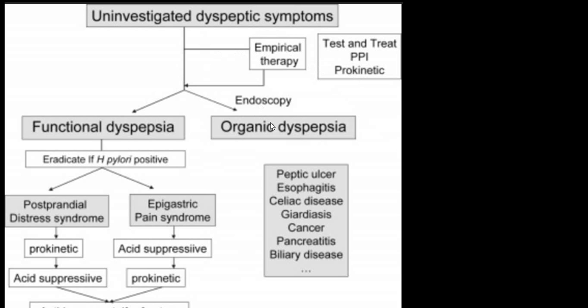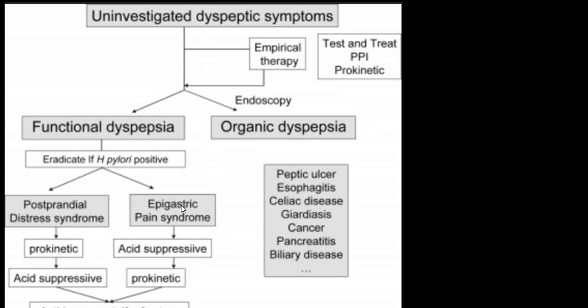If a definite cause is established, it is organic dyspepsia, and in that we rule out peptic ulcer, esophagitis, celiac disease, giardiasis, cancer, pancreatitis, biliary disease, etc. And if you establish H. pylori positivity, now we have two possibilities. H. pylori will be positive in both epigastric pain syndrome as well as postprandial distress syndrome.